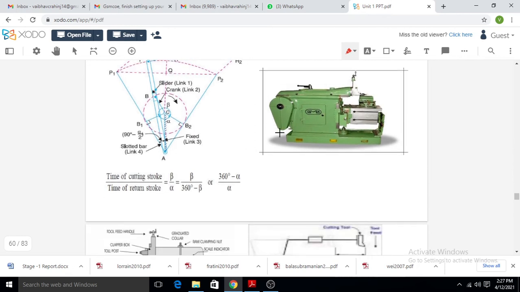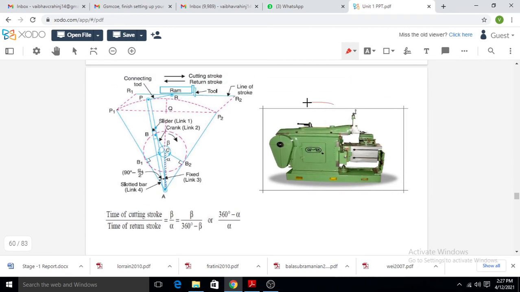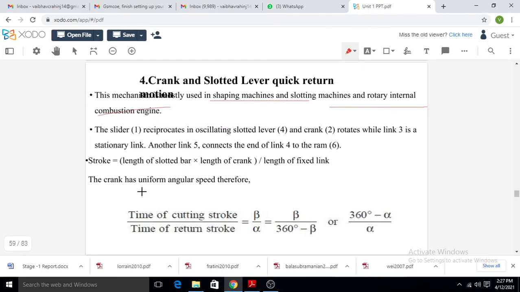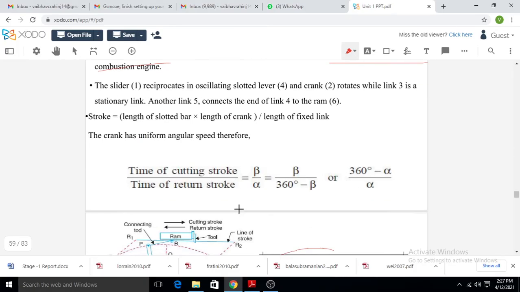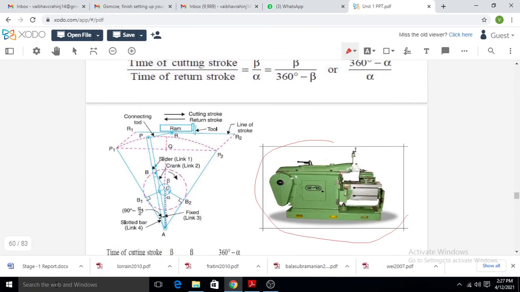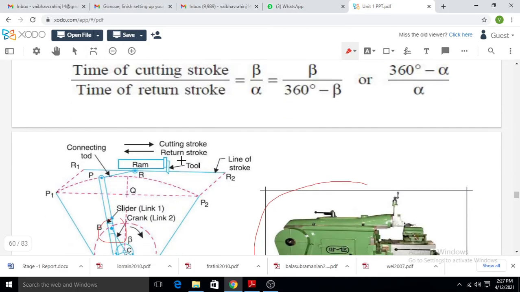See, this is an example of a shaper machine, and the crank and slotted lever quick return mechanism is used in this type of machine. Okay, see here are the different links. First of all we will find link number 1. Link 1 is the slider, the crank is link 2. Here is a slider, this B. I will zoom in.